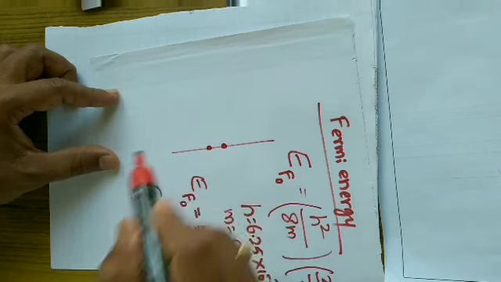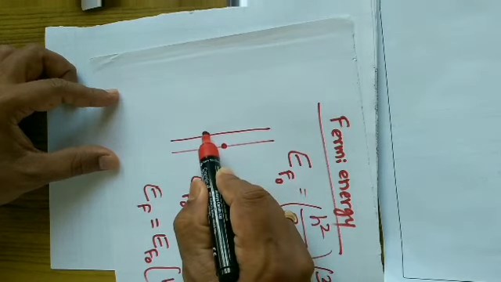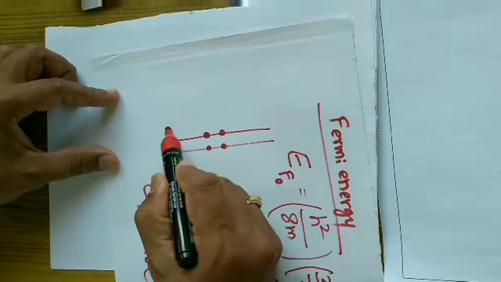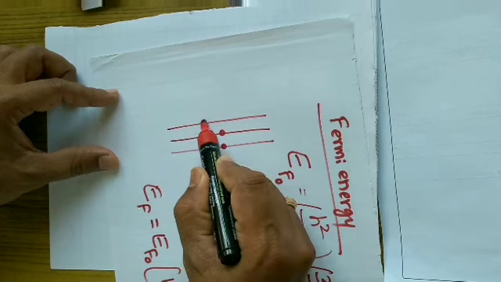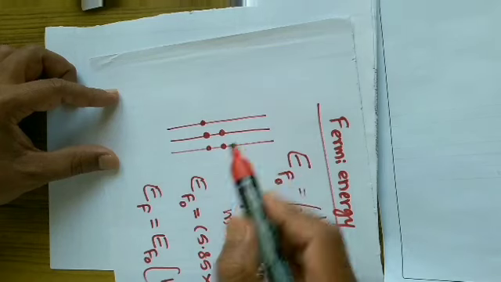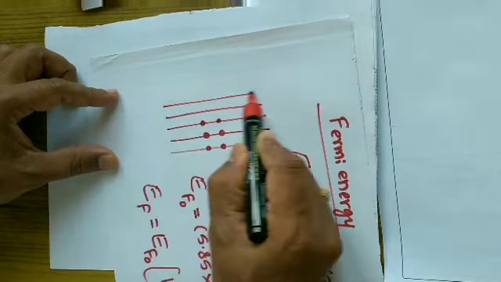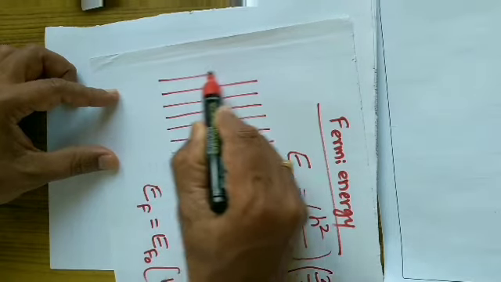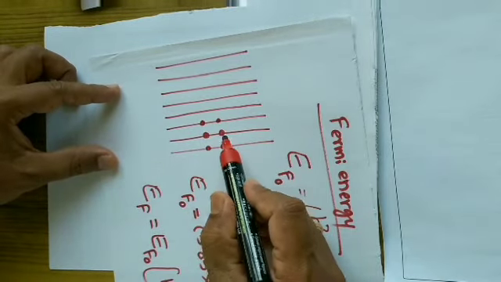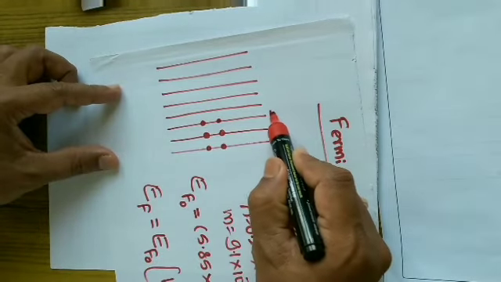And if there are two more electrons of opposite spin, then they have to necessarily be accommodated at a higher energy level. So if you think there are 5 electrons, then fifth electron occupies the next higher energy level. In this way, the energy levels can be assumed to be n in number for n number of electrons, and if that system has only 6 electrons as drawn here, this represents the Fermi level.